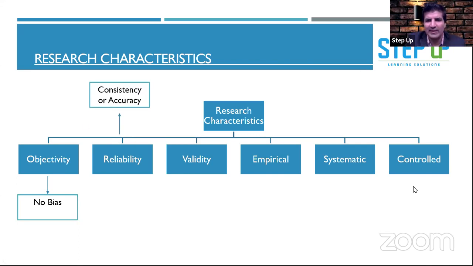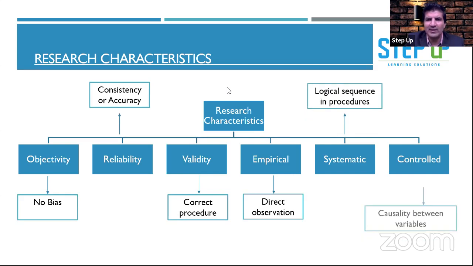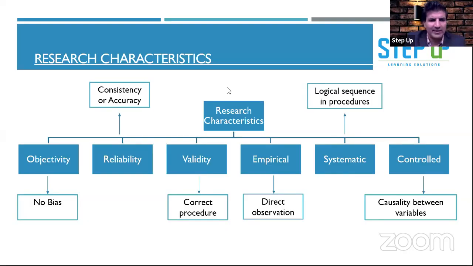Whatever the different types of research we have done, these are again some characteristics that you should know: objectivity, reliability, validity, empirical, systematic, controlled. These are nothing but characteristics of research. This is something you should know.